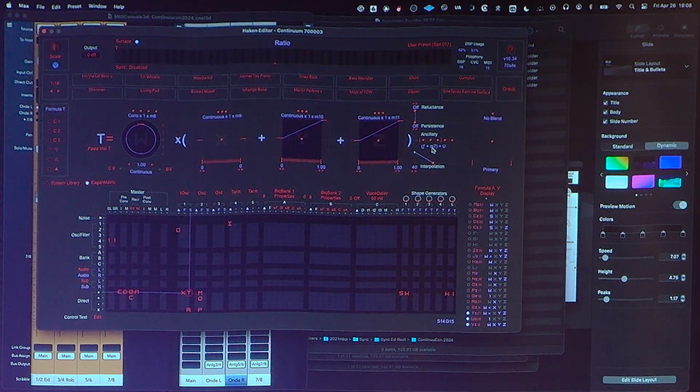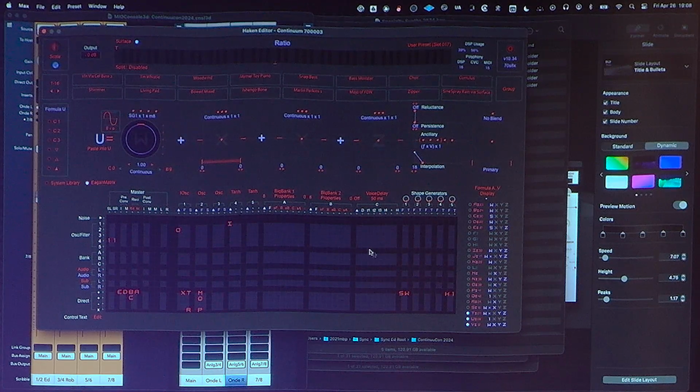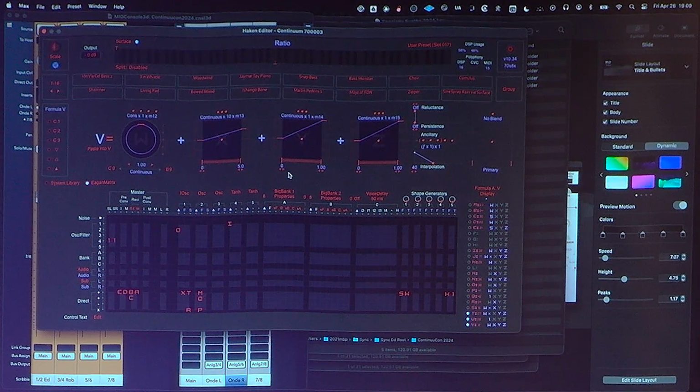And then it's also adding in another macro 7, and it's also adding in formula U, which is being modulated by a shape generator, whose level is controlled by another macro. And that's multiplied by formula V, which then has these, how many we got here? 4 different macros.